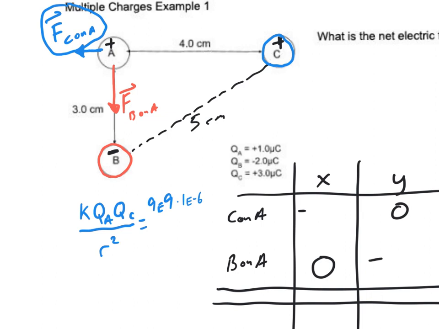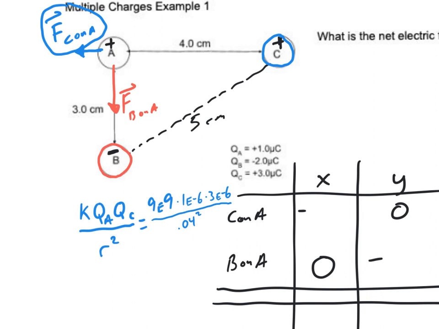C is a positive 3 microcoulombs, times 3E negative 6. And then the distance between them is 4 centimeters, 0.04 squared.